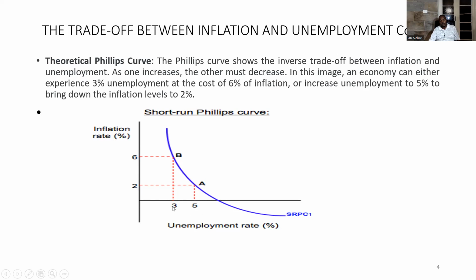A 3% increase in unemployment initially from zero is associated with a 2% decline in the inflation rate, and so on. So this is what we mean by this trade-off.